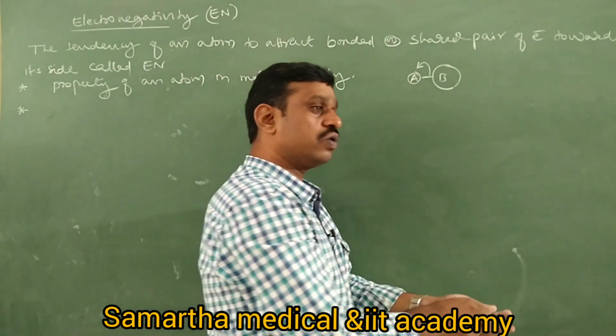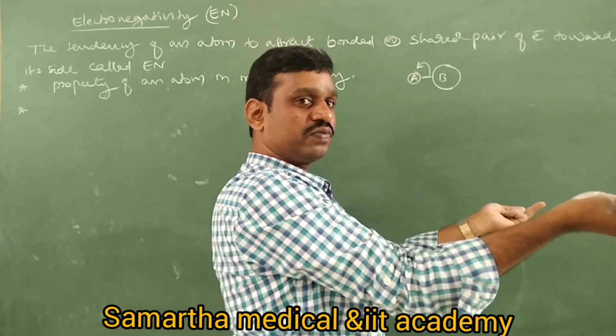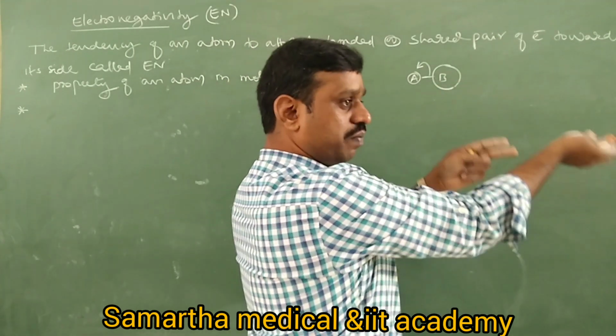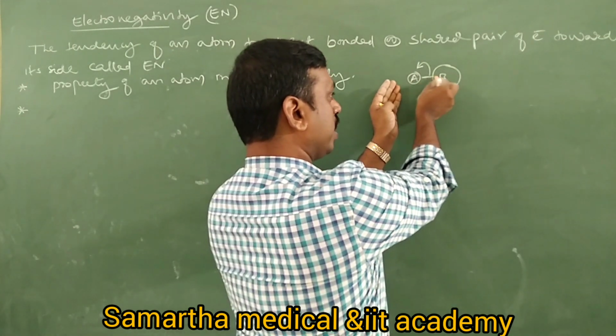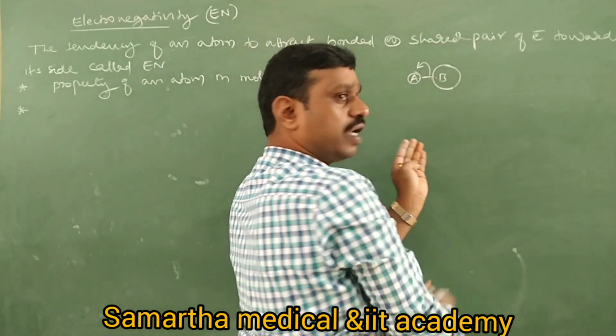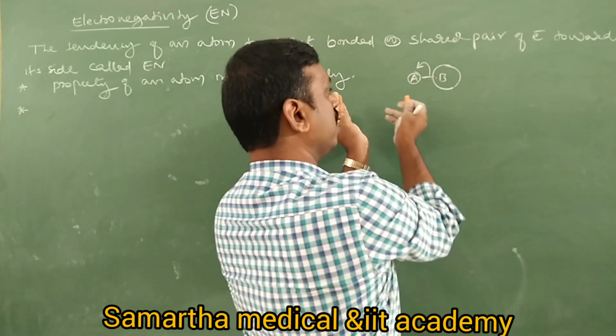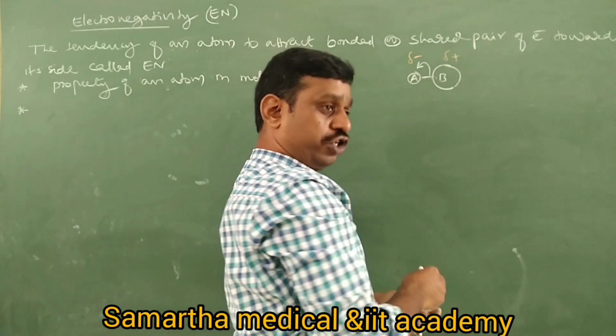How is it a comparison value? A is attracting more compared to B, or B is attracting less compared to A. The electrons of AB are slightly moving towards A. It is not completely breaking, it is just slightly moving towards A. Therefore A gets partial negative, B gets partial positive.